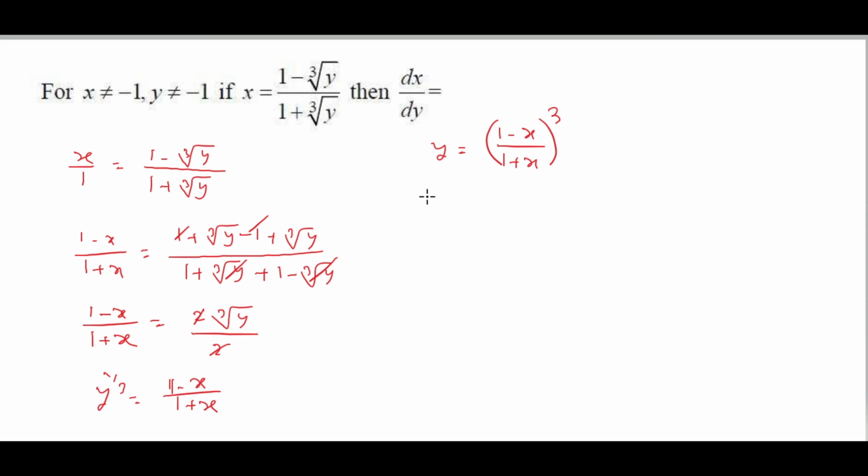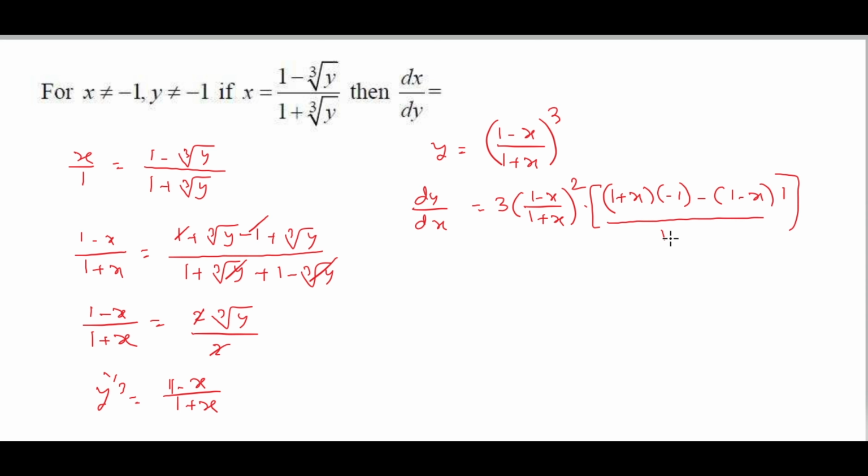So now we take differentiation on both sides, that is dy by dx is equal to 3 into ((1 minus x) by (1 plus x)) whole square into d by dx of (1 minus x) by (1 plus x), that is (1 plus x) into the derivative of (1 minus x), that is minus 1, minus (1 minus x) into the derivative of (1 plus x), which is 1, by (1 plus x) whole square.